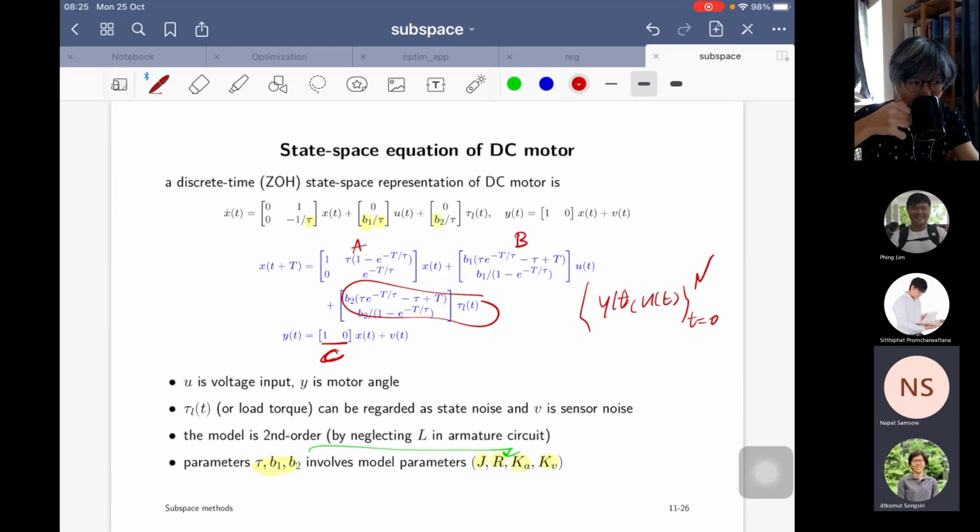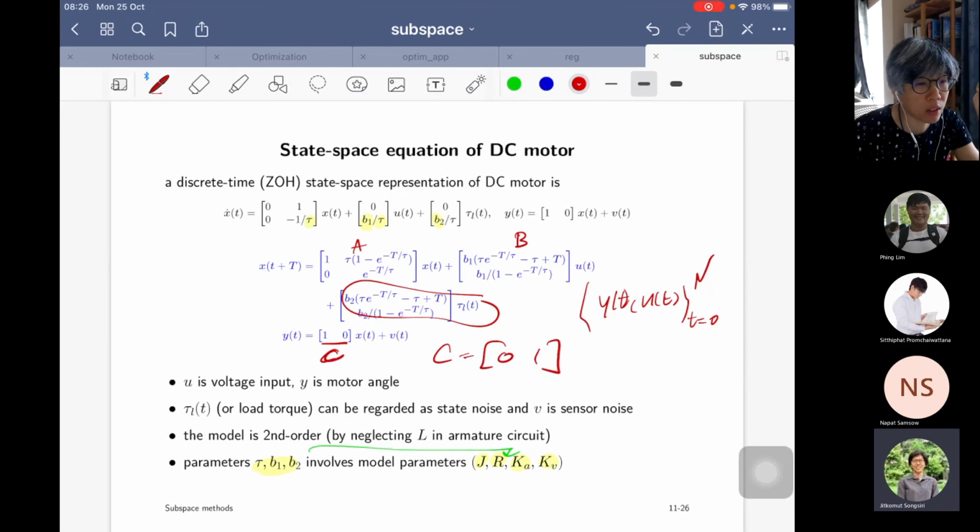We change the C matrix to be [0, 1]. Yes, very good. We change the matrix C to be [0, 1]. Even though we change the description of the output, the order of the state space model is the same, because we need two state variables in order to explain the system dynamics.